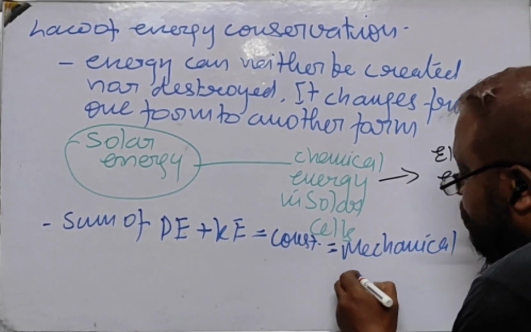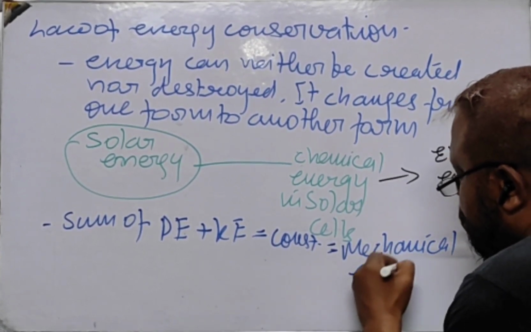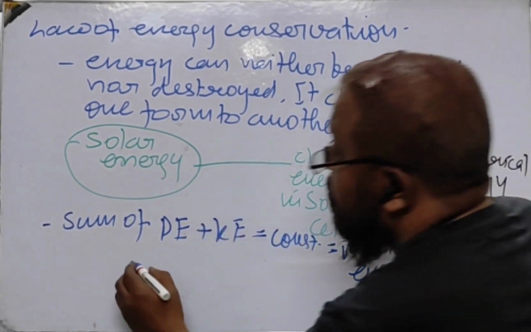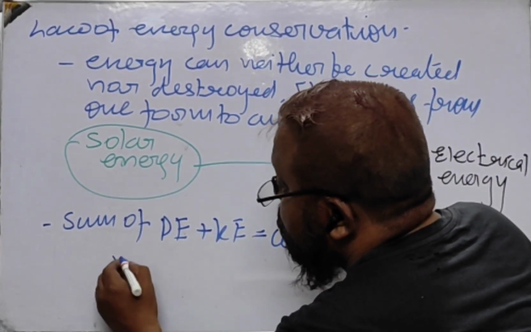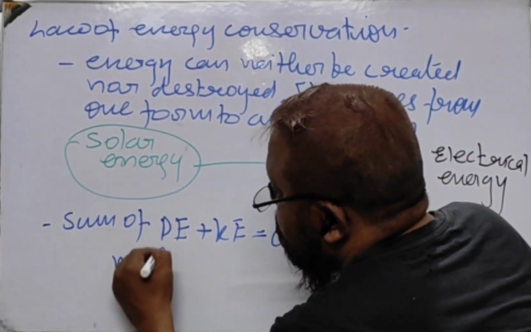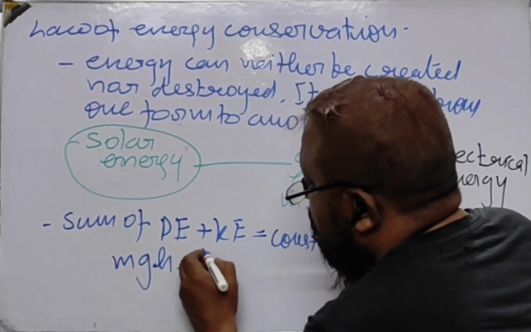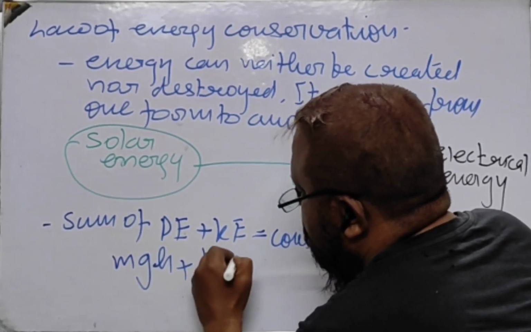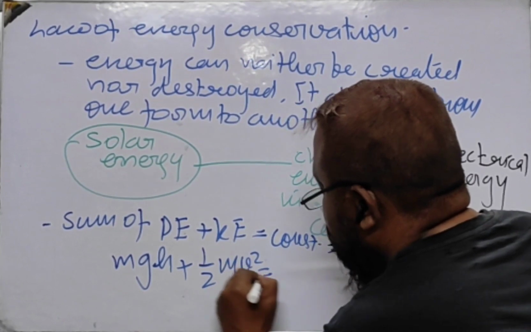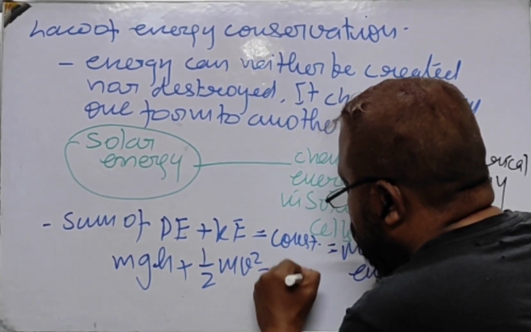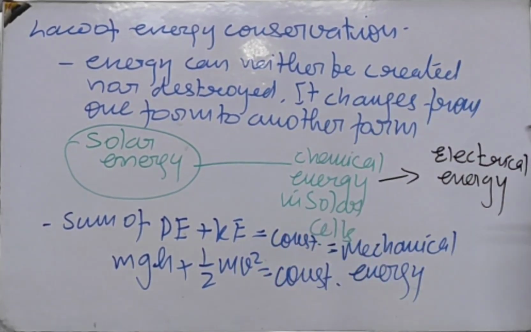So it means mgh plus half mv square is equal to constant, right?